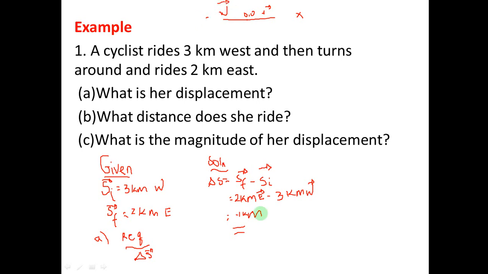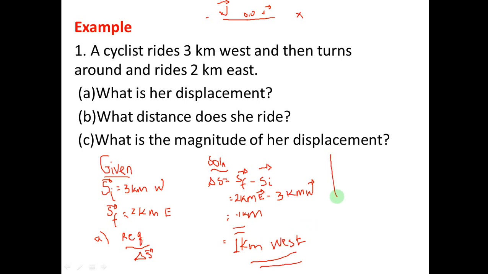So the result here is negative 1 kilometer, meaning 1 kilometer in the negative x direction, which is to the west. If east indicates positive, west will be negative. So in general, the displacement of the cyclist is 1 kilometer to the west.